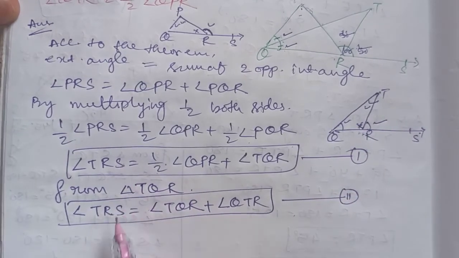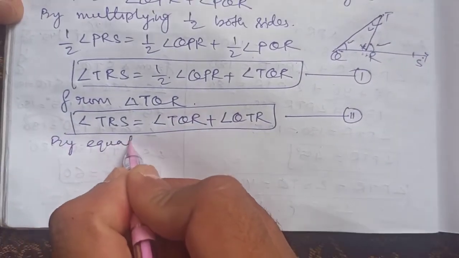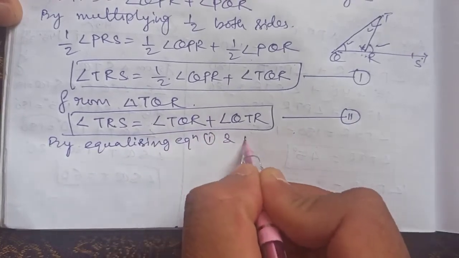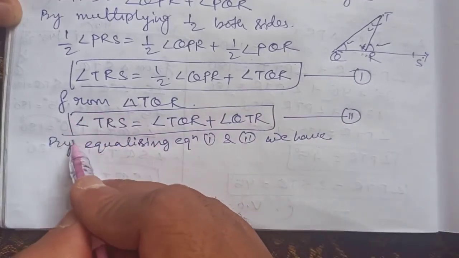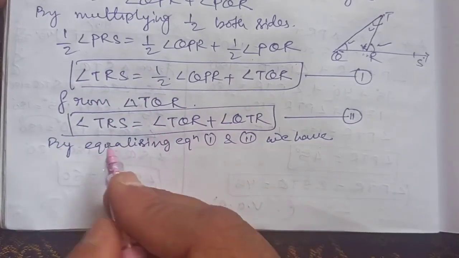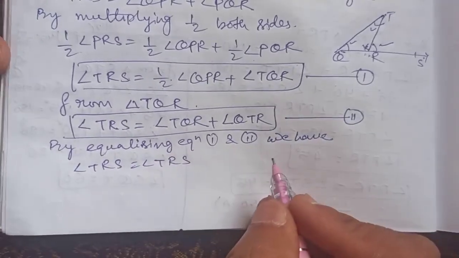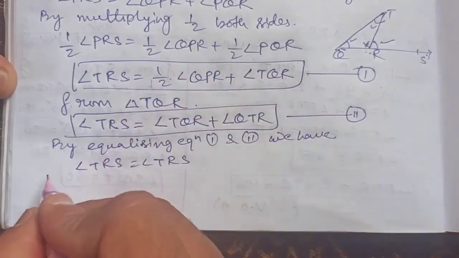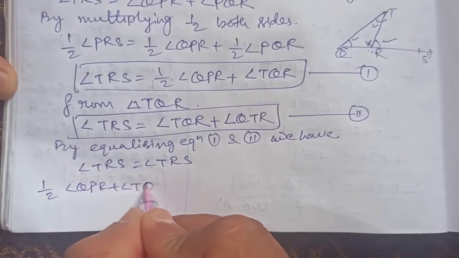Now we will equate equation 1 and 2. In both equations the LHS is TRS, so I will write angle TRS equals angle TRS. In place of this TRS, I will write half of angle QPR plus angle TQR.